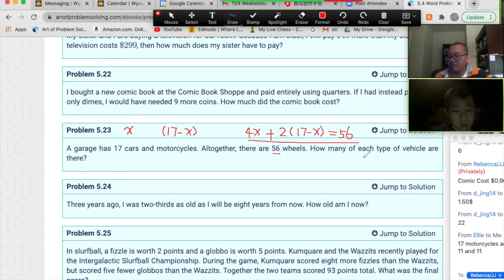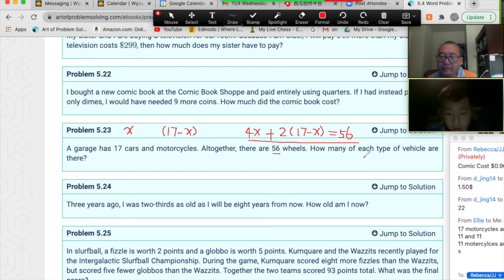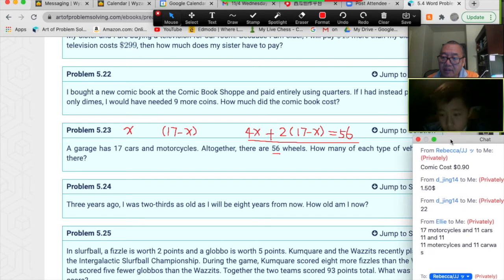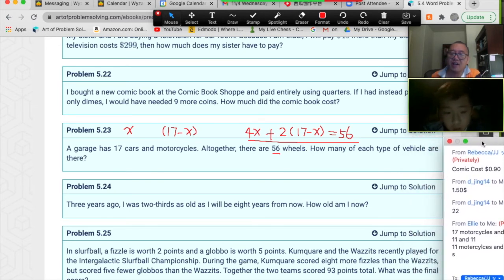So now everybody solve this equation. See what you get. Now let's see. Eddie, you need to double check how you got each one equals that number. If you add them together, how many vehicles are there?